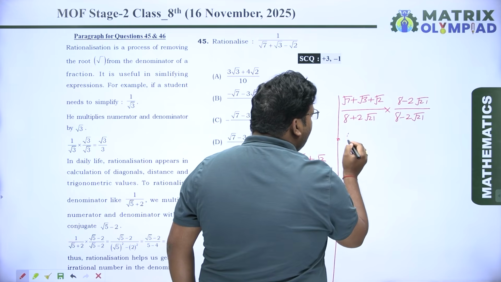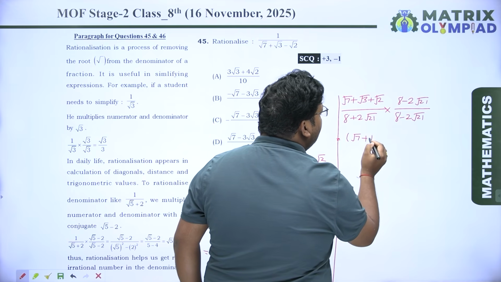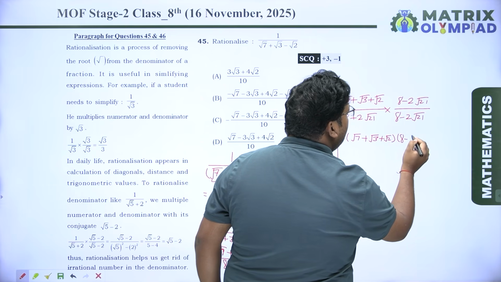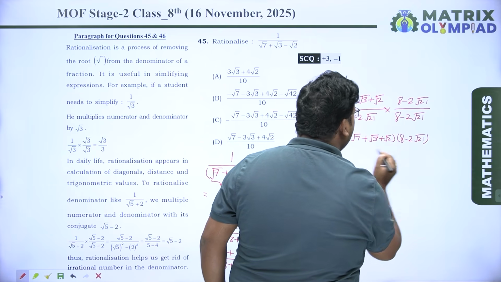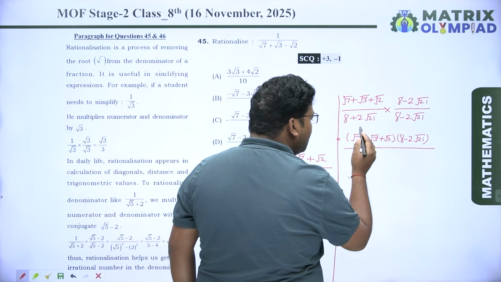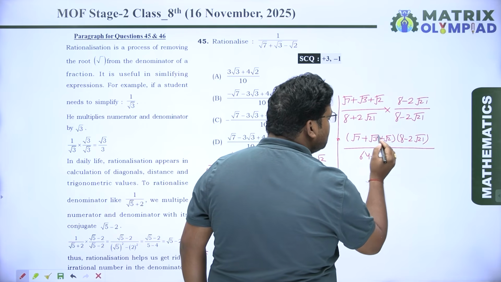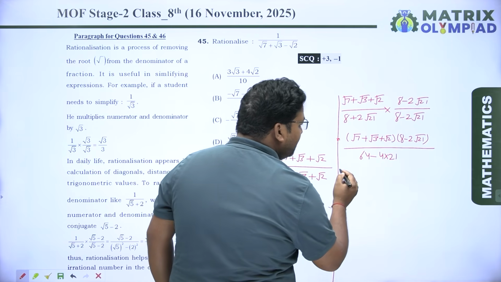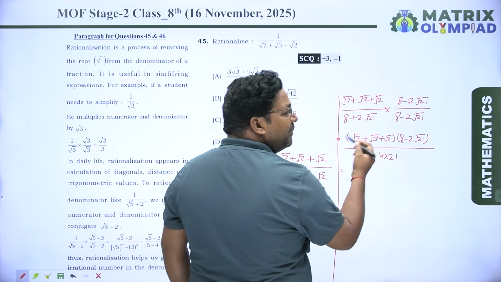So in numerator we will get (√7 + √3 + √2) into (8 − 2√21) upon, in denominator we will get a square minus b square. So 8 square is 64 minus 2 square is 4 and √21 square is 21. So we will get, we have to multiply in numerator.